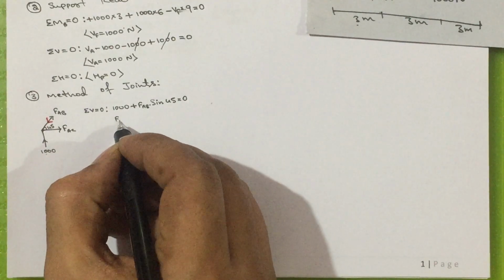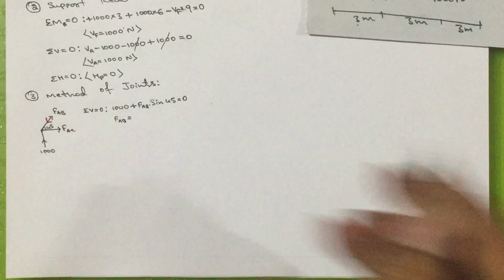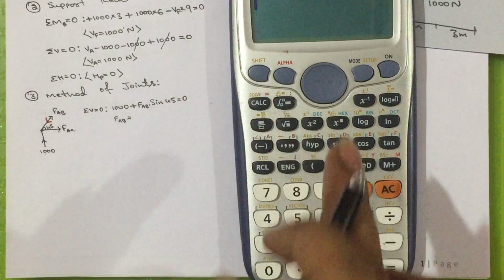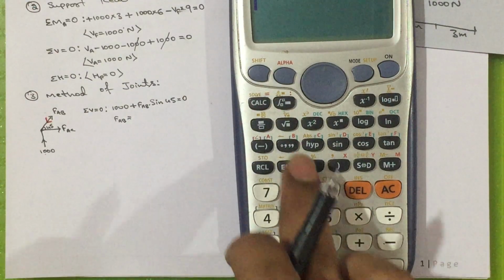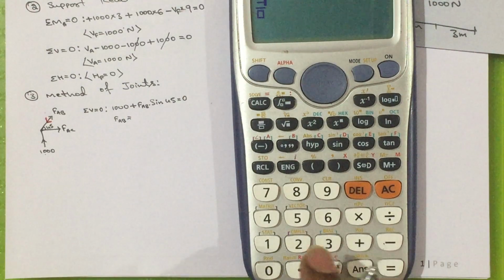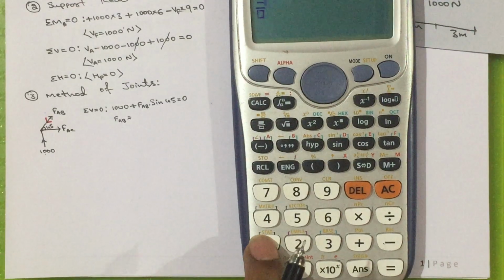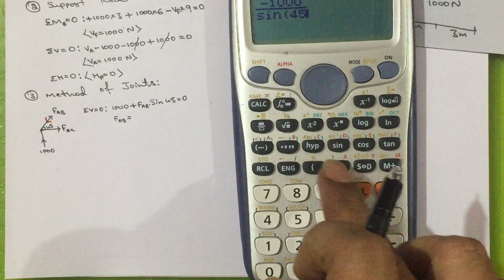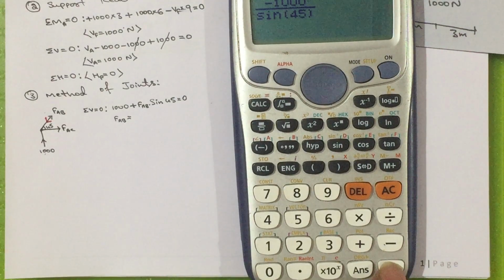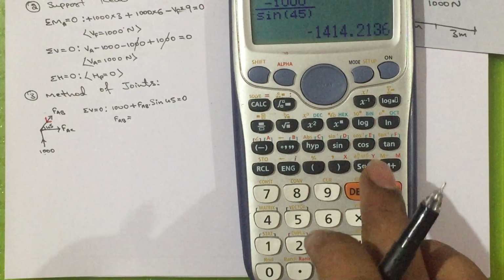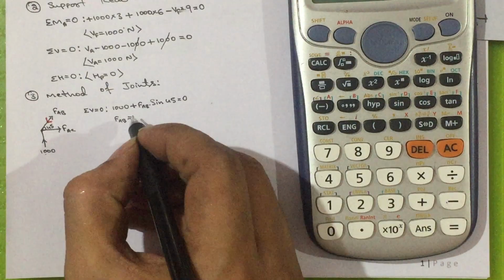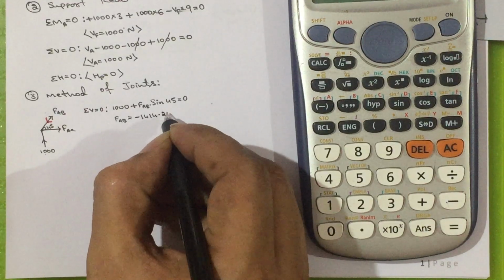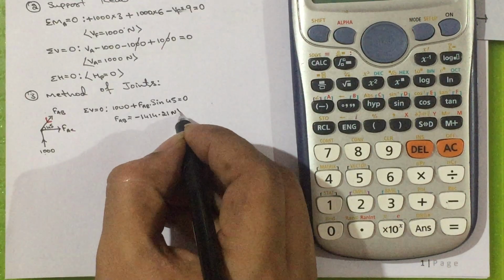Here the unknown is FAB. If you calculate, you will get the answers. So, let us calculate. FAB will become minus 1000 divided by sine of 45 degree, you are going to get it as minus 1414.21 newtons.